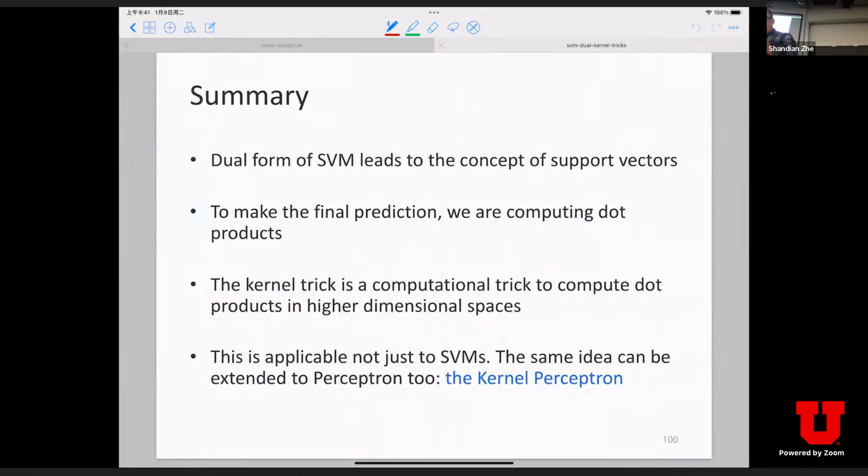Okay. So now we have finished our introduction to support vector machines. We spent a lot of time talking about the dual form of SVM. Actually, the dual form is one key component of SVM because it enables us to inject the so-called kernel trick and smoothly transition your SVM to a nonlinear classifier.